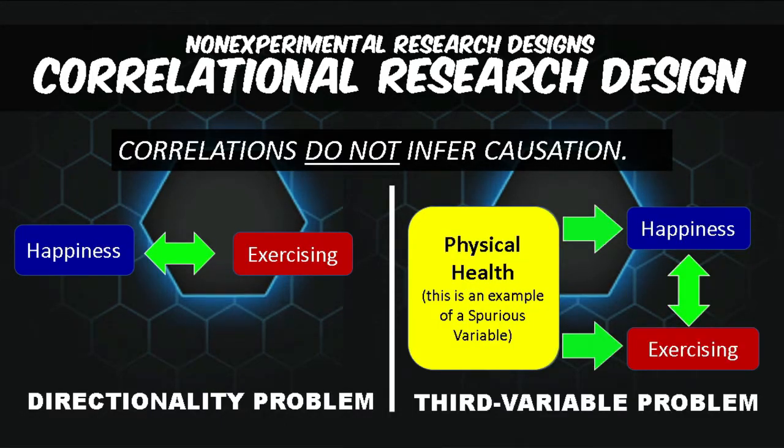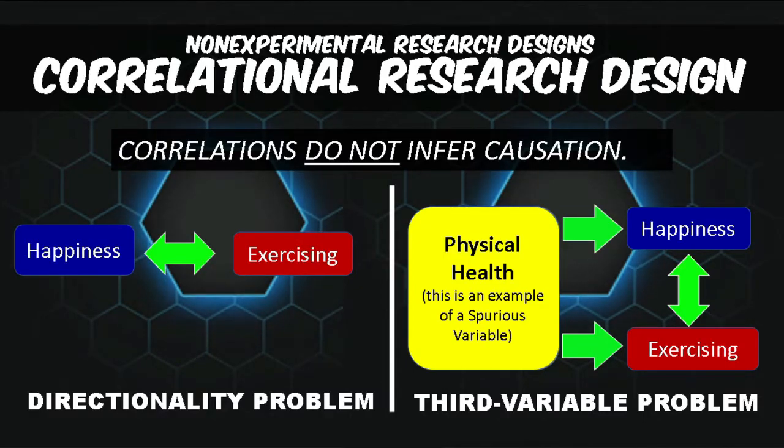Another reason is what we call the third variable problem. We are still talking about happiness and exercising. So this is the directionality problem. It is also possible that they are being correlated because later on we will be providing a statistic that describes how strong the correlation of these 2 variables is.